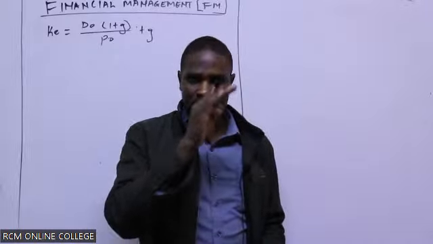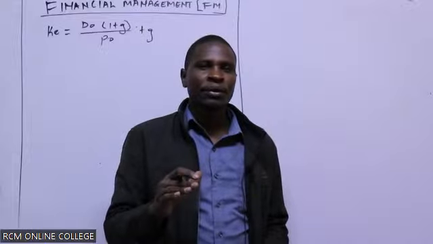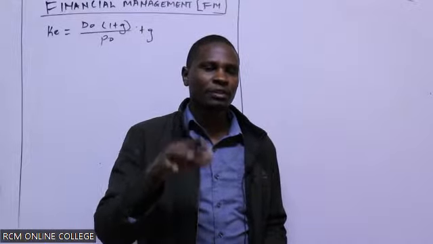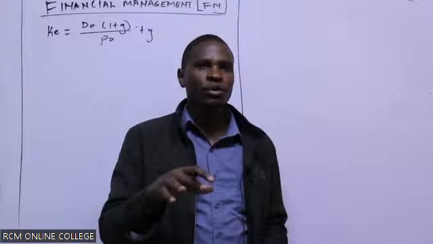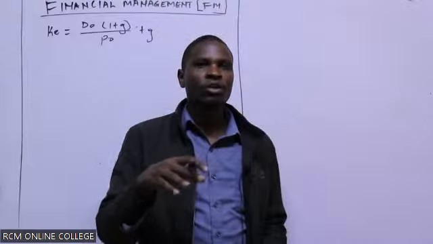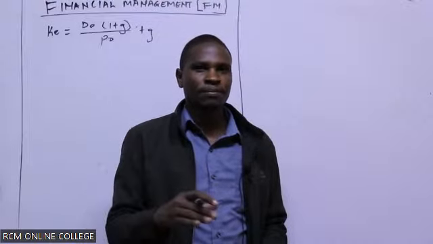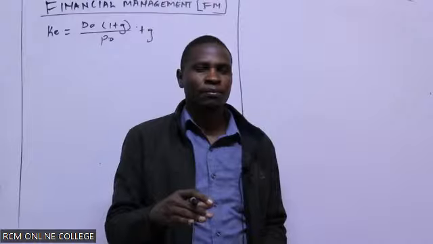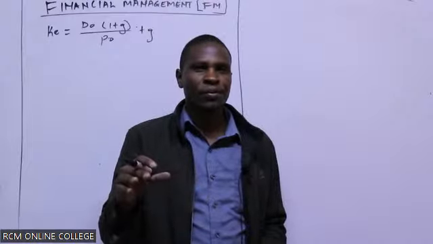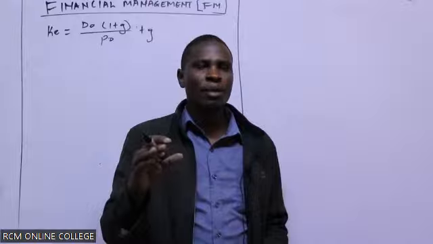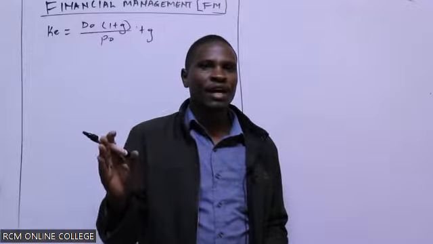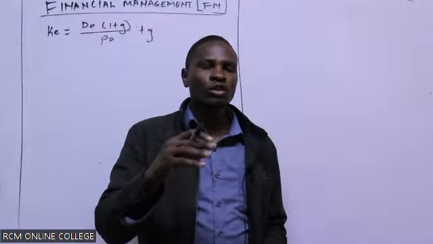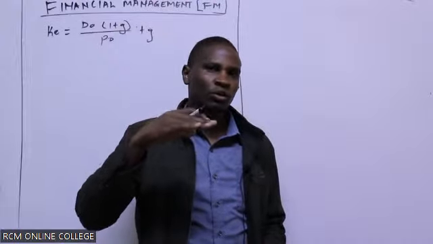Now, I want this to come from you. Between my explanation, when we are issuing new shares, I want you to compare the cost of ordinary share and the cost of retained earning and tell me which cost will be higher and which cost will be lower.